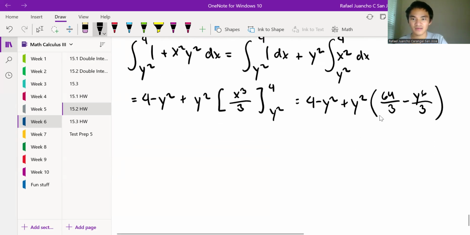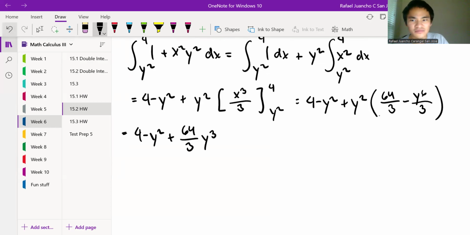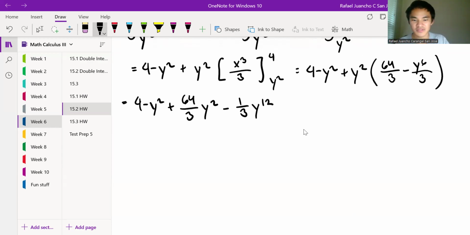So this one's now going to give me plus 64 over 3 y squared. Whoops. And then this one's going to give me, if I multiply, 1/3 y to the 12. That's a weird thing. Cool. Let me see if I got it, because I feel like I messed it up again.